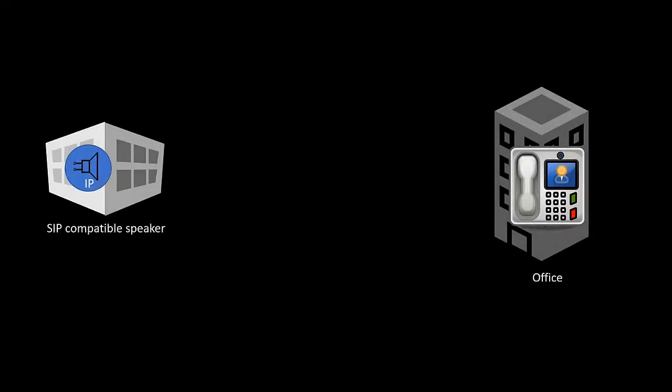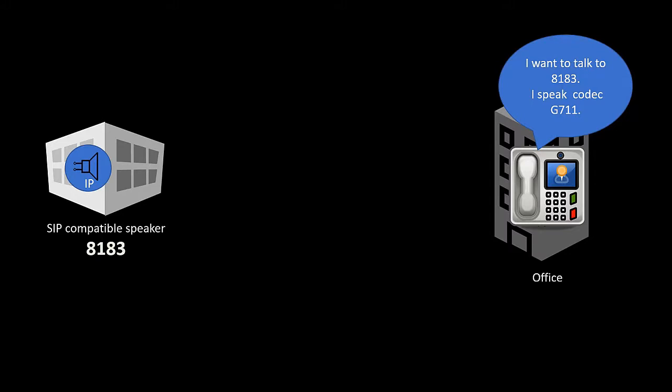For example, a SIP phone in an office building wants to use a SIP-compatible speaker in a remote warehouse to make an overhead page. The speaker's ID is 8183. Using SIP, the phone reaches out: I want to talk to 8183. I speak codec G711.